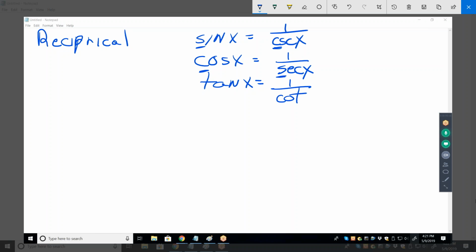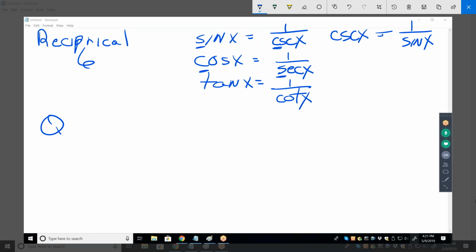Okay. And then obviously the reverse is true. In other words, that's only 3 reciprocals. You also have the cosecant of x is equal to 1 over the sine of x, and so forth. So one flashcard might do the trick for your 6 reciprocal identities.